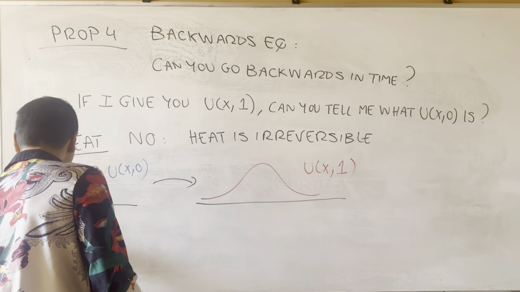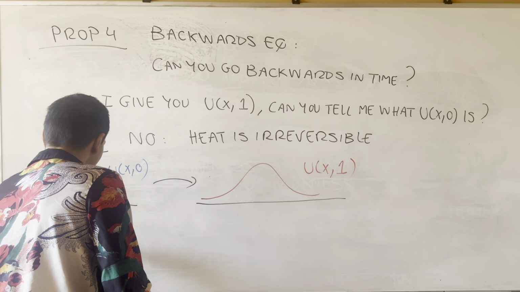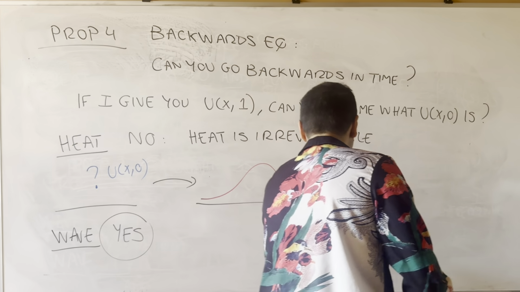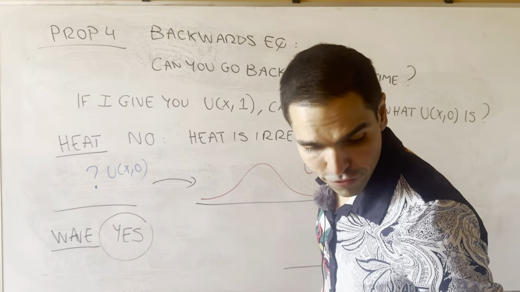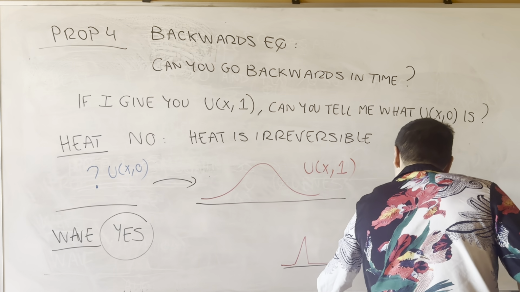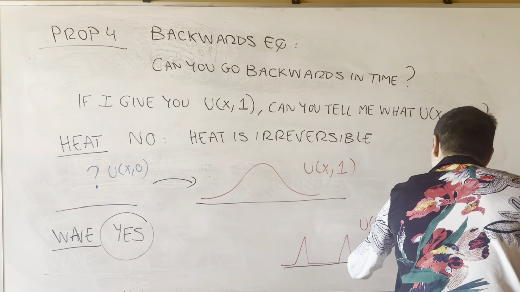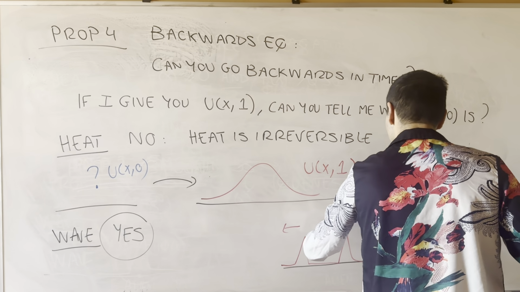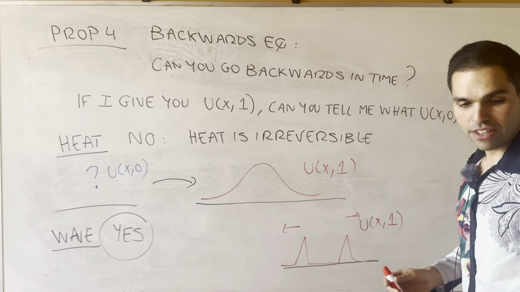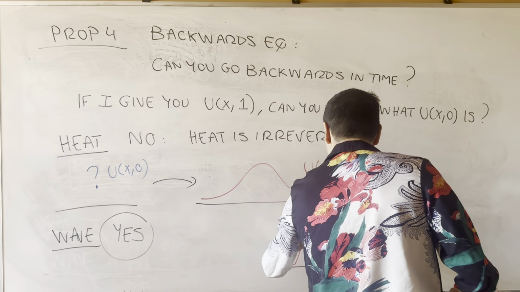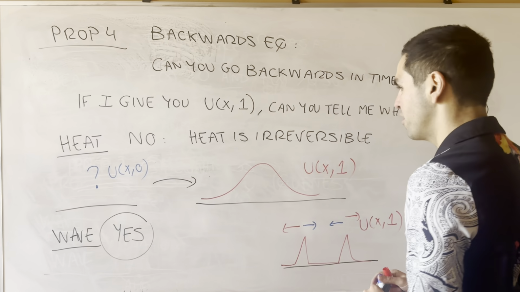However, for the wave, the answer is in fact yes. So let me just illustrate. For instance, if we know u of x,1 looks like this, and remember the wave propagates to the left and to the right, well, to make it go backwards, just move the wave in the other direction.